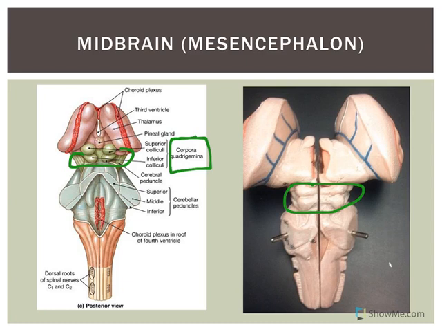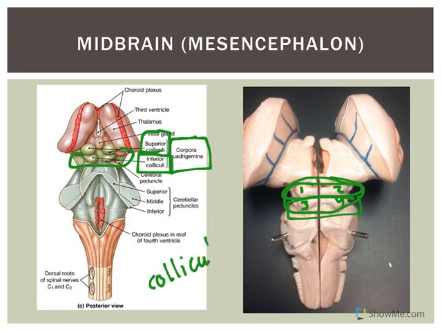Quad means four, Gemini means twin, and we have 1, 2, 3, 4 bodies. On the top, we have the superior colliculi, and on the bottom, the inferior colliculi. Singular would be colliculus, a word that means a hill, because they're kind of rounded.